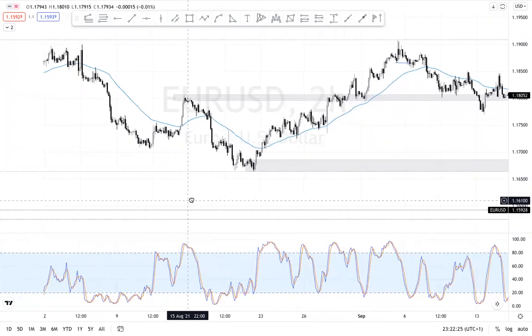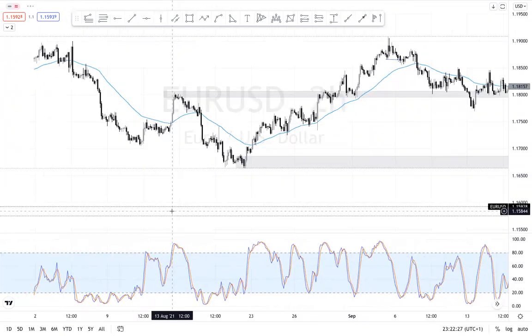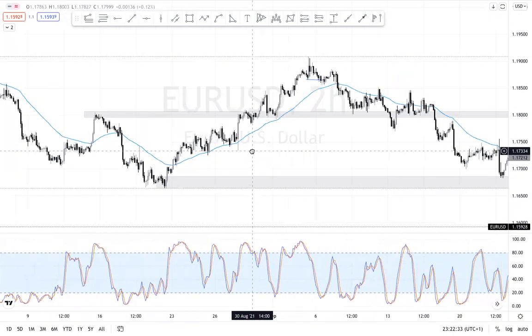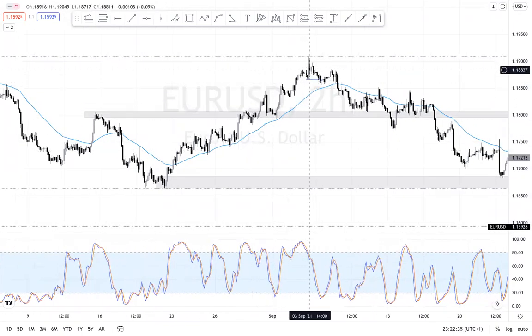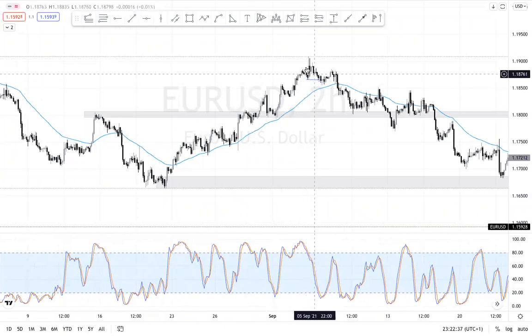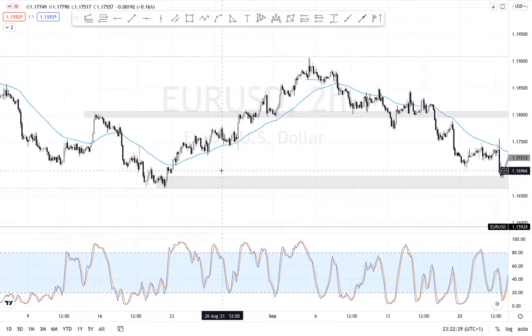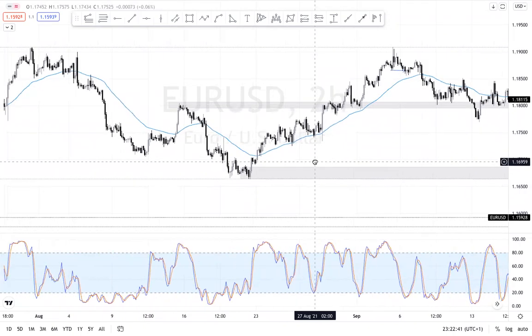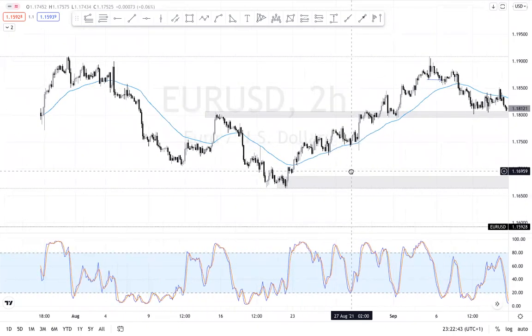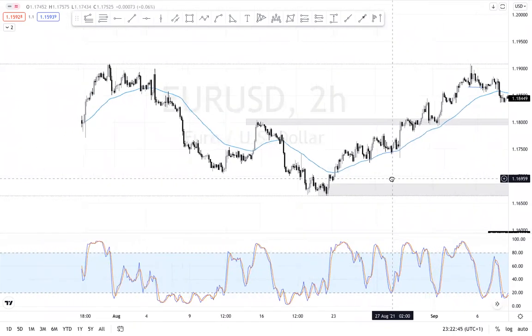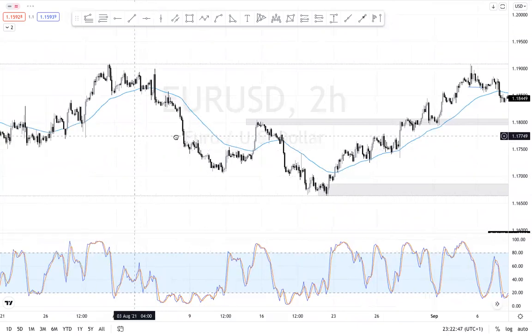So sticking with market structure, knowing when the market has changed is when the market has broken a structure, a key structure, not just a structure. Let me look for any structure here.